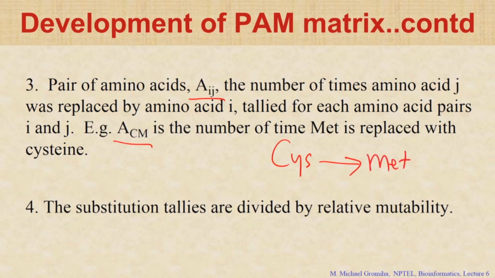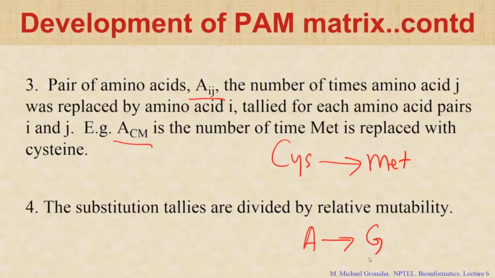How many times do they have this mutation, cysteine to methionine? Now, this is the specific mutation in the alignment, which depends upon how many times the cysteine occurs in the sequence and also how many times the cysteine is mutated to other residues. So, we need to consider all these aspects to derive the PAM matrix.